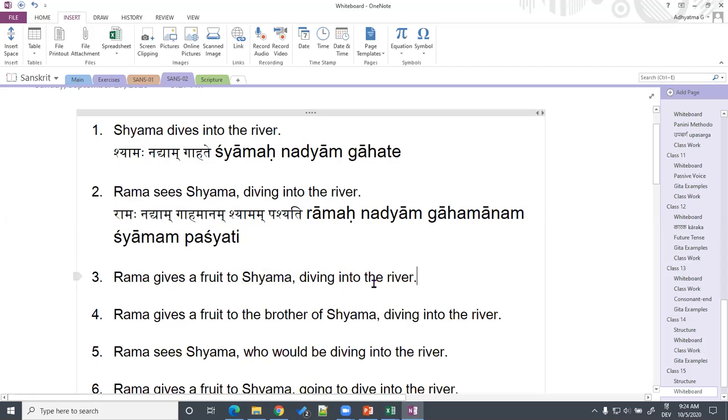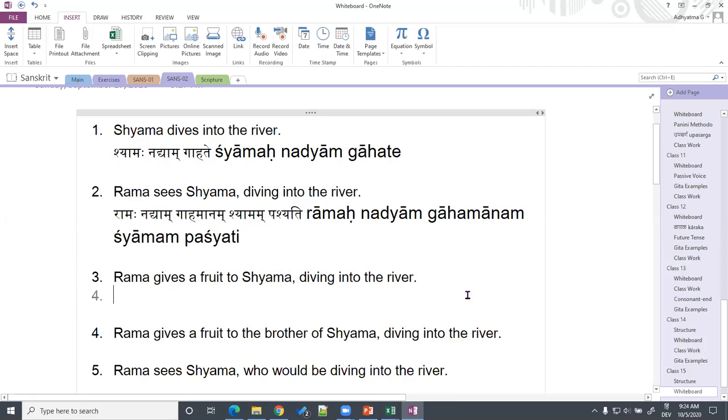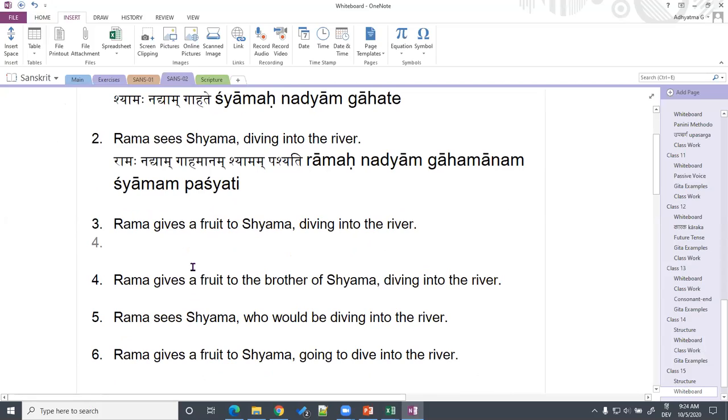And because he is diving, you can write it exactly the same manner. Ramaha Nadyam. Now, Nadyam is okay, in the river. Shyama, it will be in the fourth case because fruit is being given. So, Shyamaya. And because he is diving, it's also Gaha Manaya.